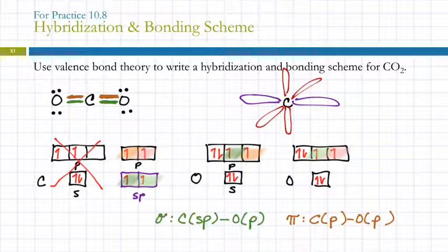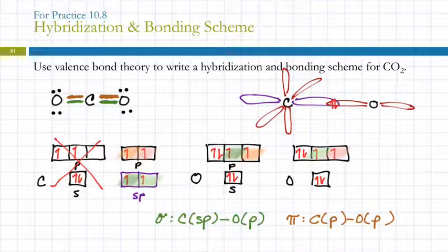So oxygen over here is only using p orbitals to bond. And so it's going to overlap one p orbital with the carbon, and that's the sigma bond here. So an end-to-end overlap, a p orbital on the oxygen, an sp hybridized orbital on the carbon.